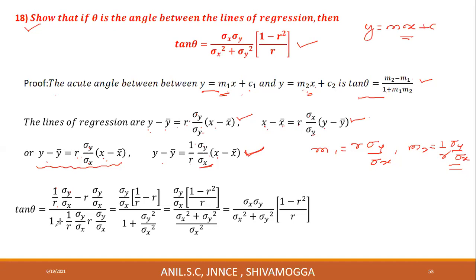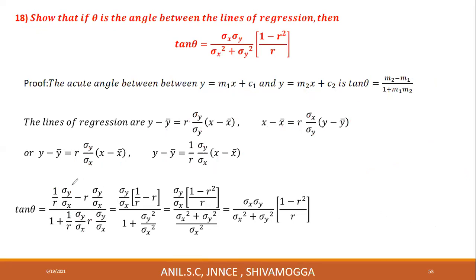In the denominator, 1 plus m1 into m2. Both the slopes are substituted. In the numerator, sigma y by sigma x is common in both terms. Take it outside, and what remains within the brackets is 1 by r minus r.